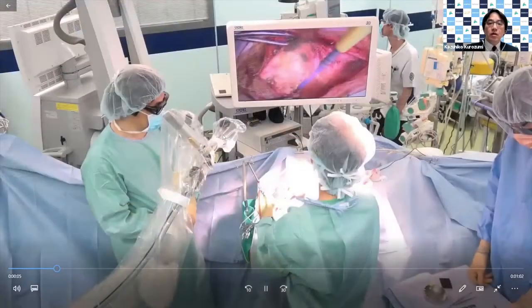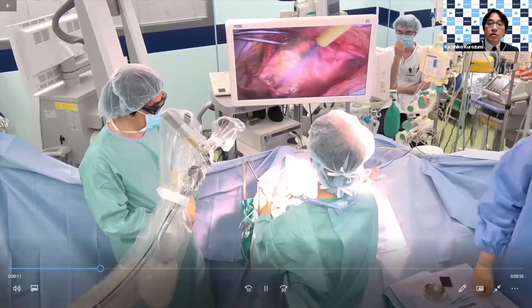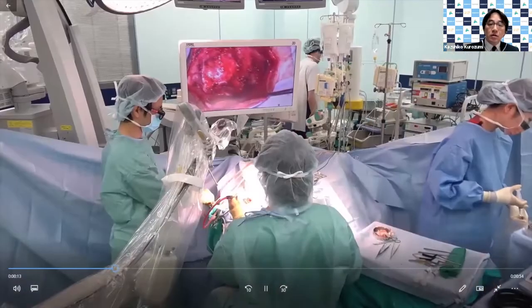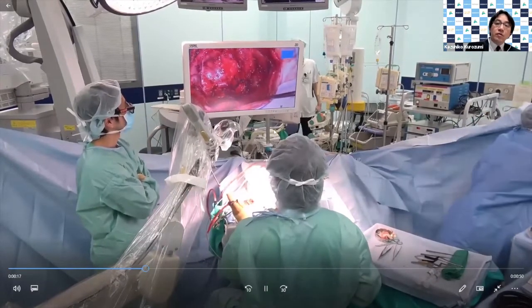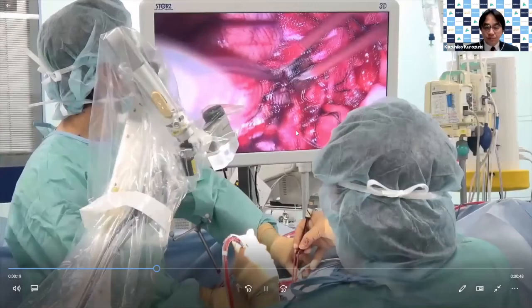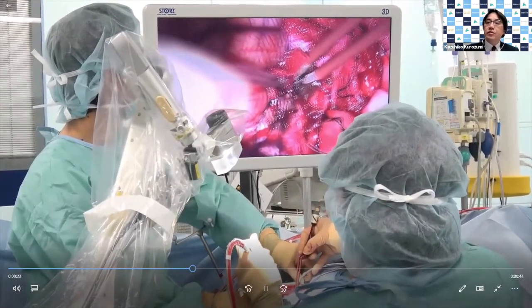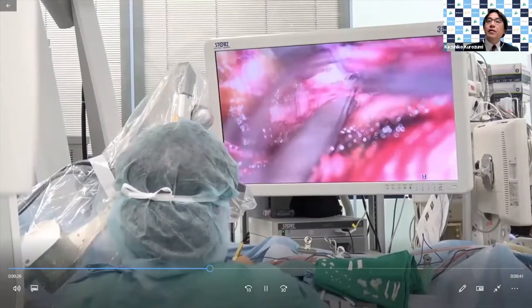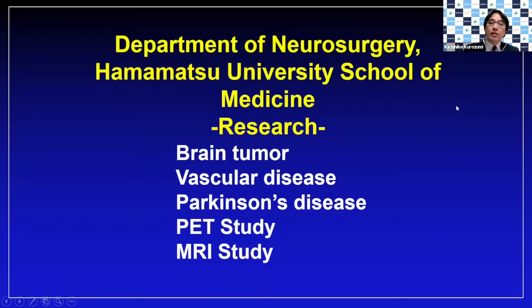We are using a 3D monitor. This is the full HD monitor. This is the exoscope Vitom. This is very comfortable for the operator, so it is easy to do the operation here. The tumor was removed here.